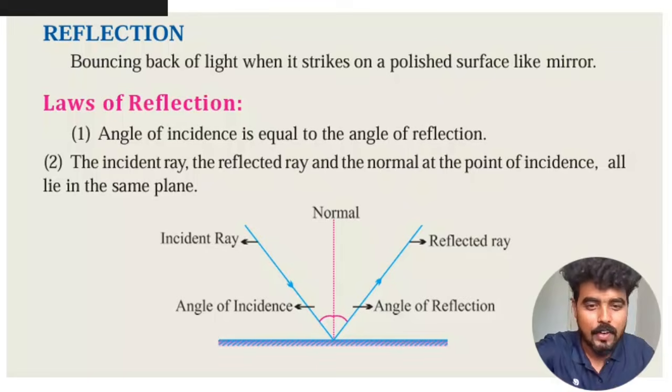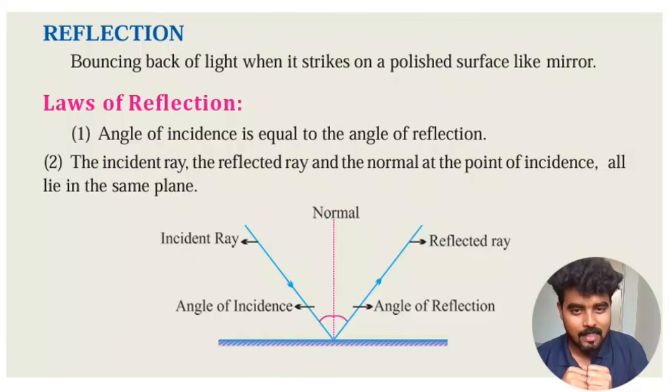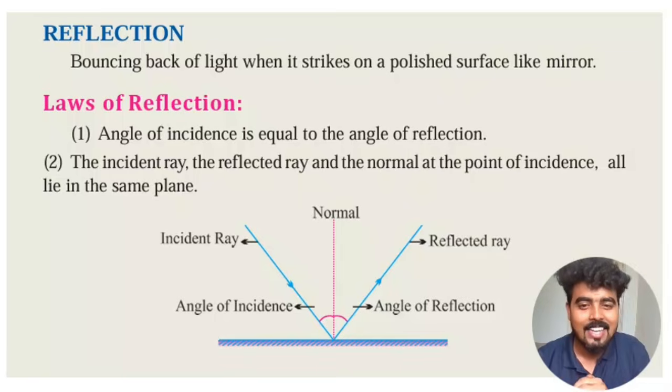There are two fundamental laws of reflection that you must remember. The first law: the angle of incidence is always equal to the angle of reflection. Angle i is equal to angle r. Here, angle i represents the angle of incidence and angle r represents the angle of reflection.